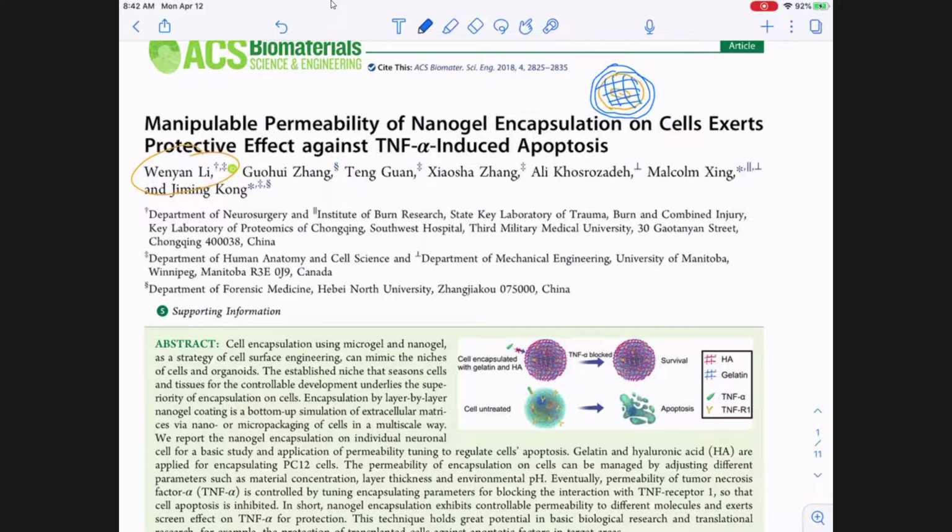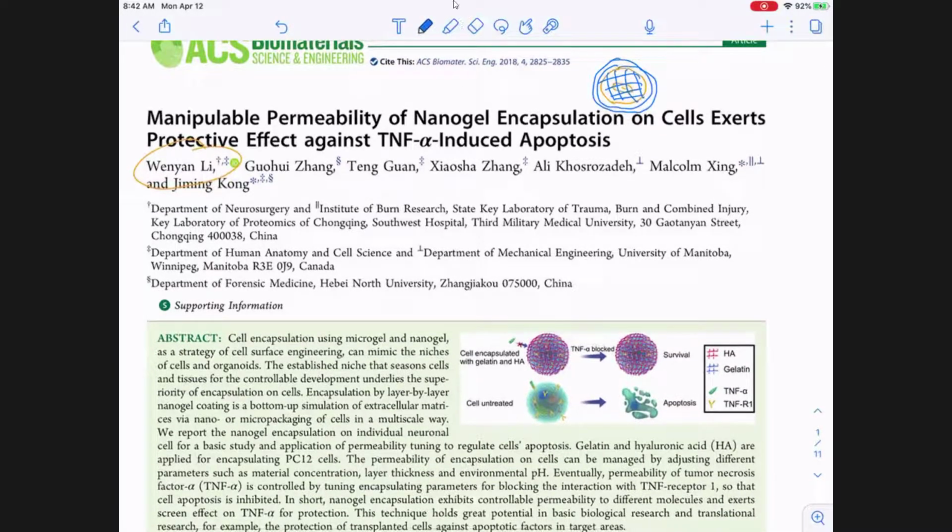So we want this coating to be of high or low density.